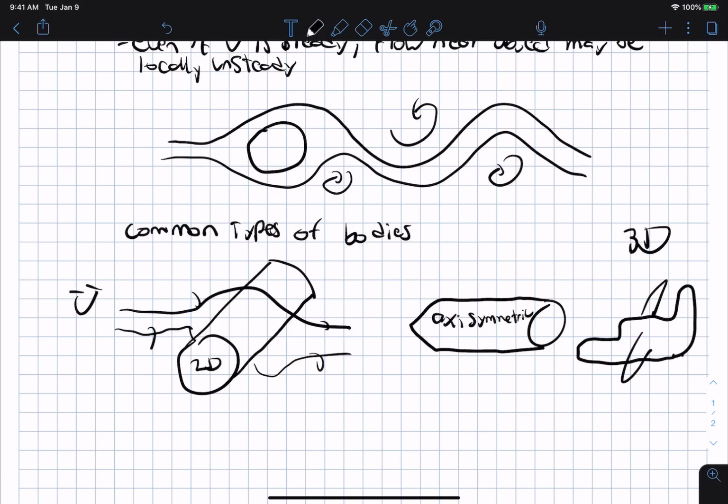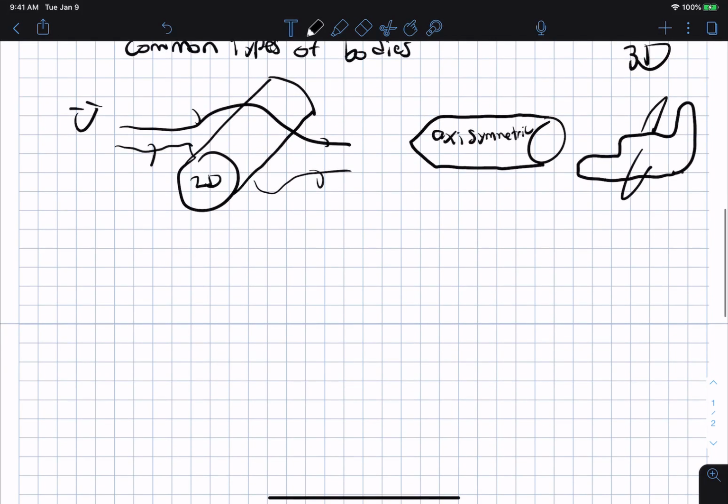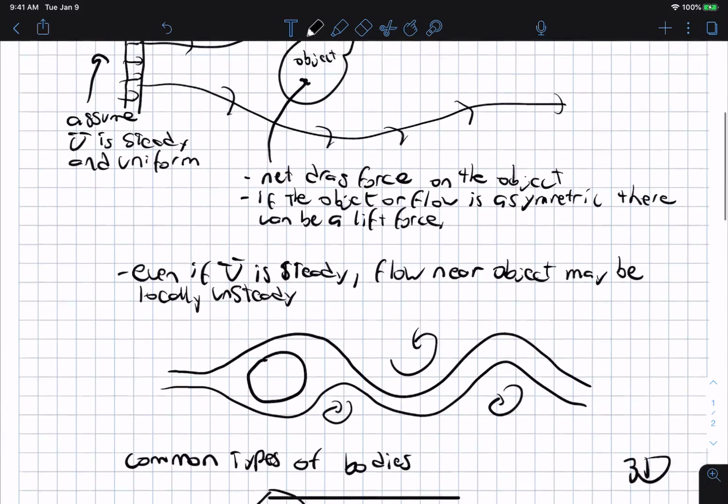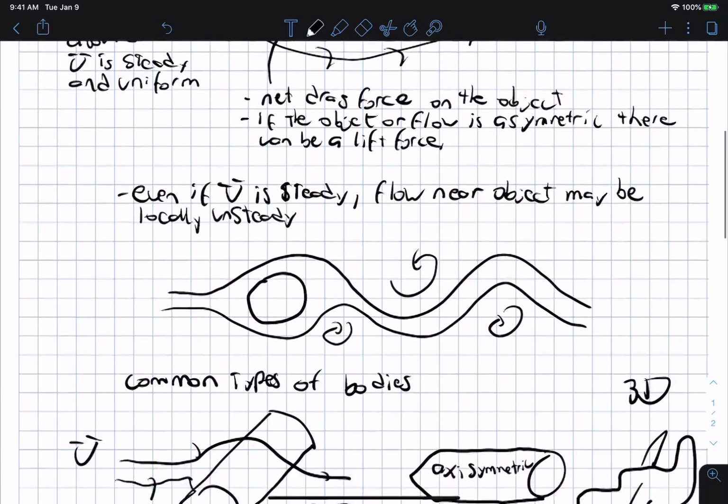Okay. Now, at the end of the day, if I scroll up again, I forgot to draw that. There will be a drag force that will try to make this object move backwards, and there might be a lifting force that tries to make it move upwards, and I'll use a script L for that, and a script D for the drag force.